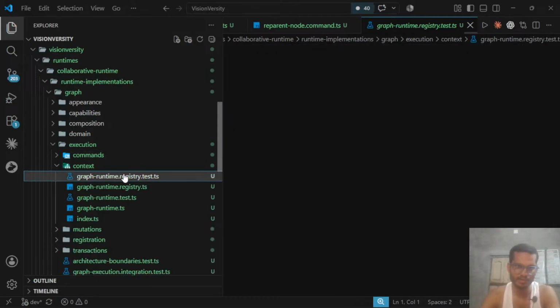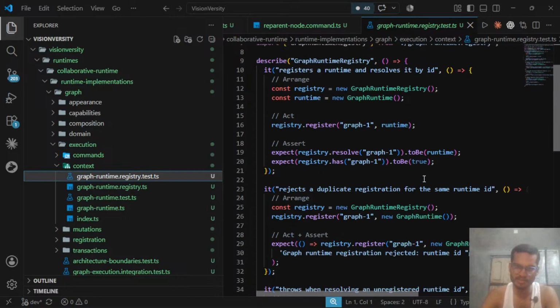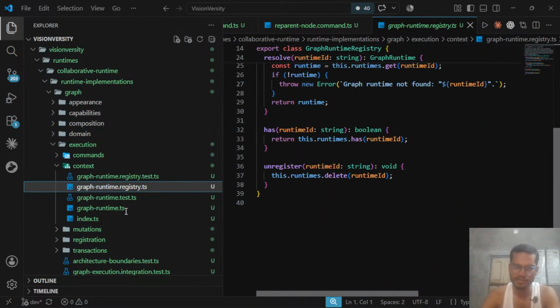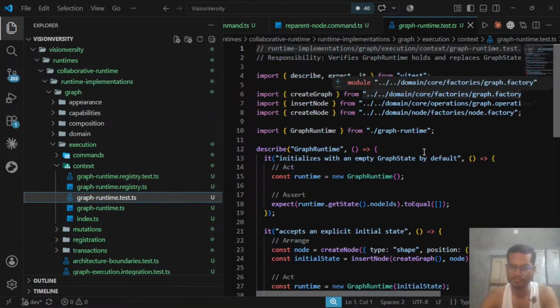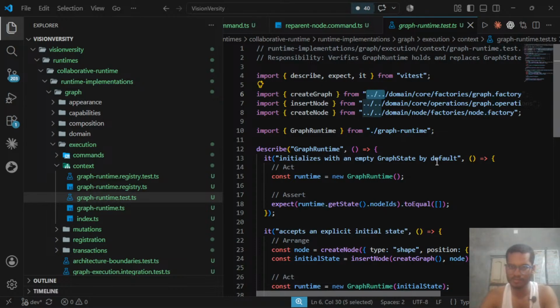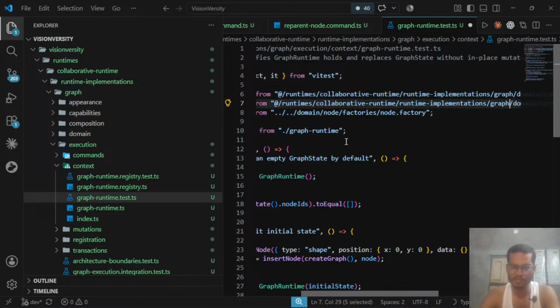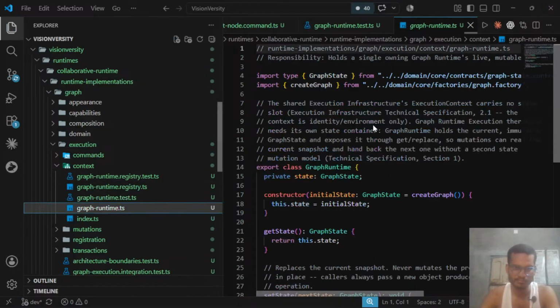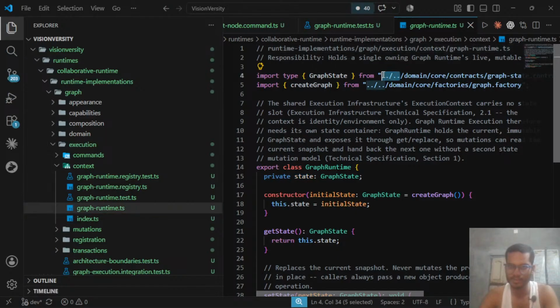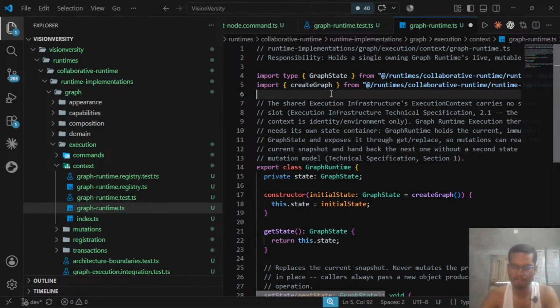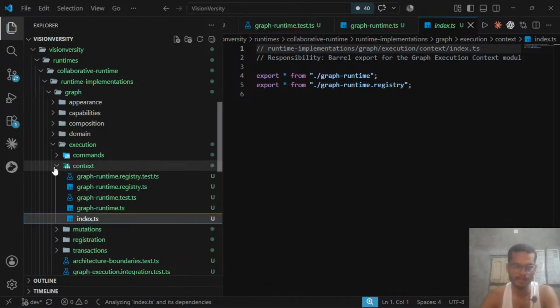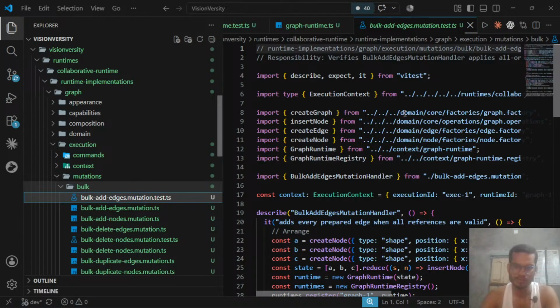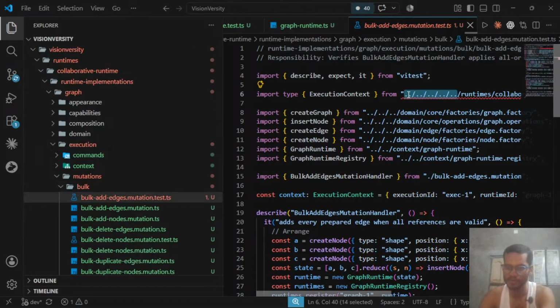And it's perfect. Let's check this out. This is the feed test. I am just fixing my way of importing.